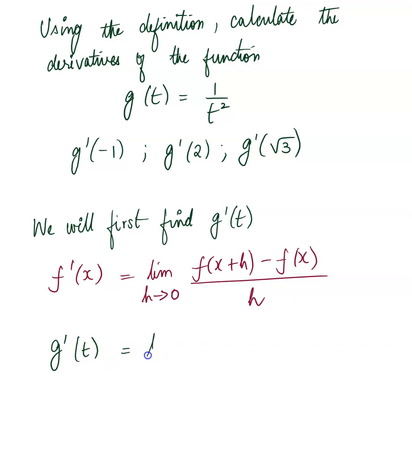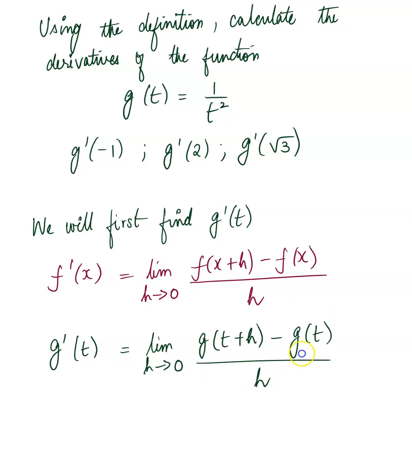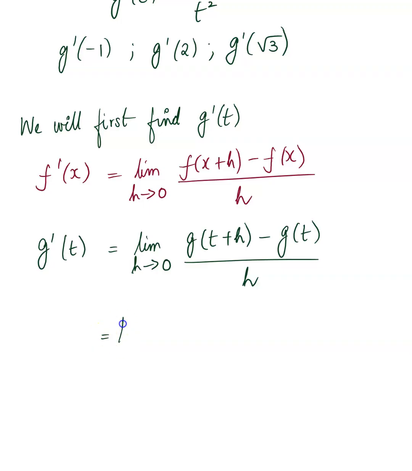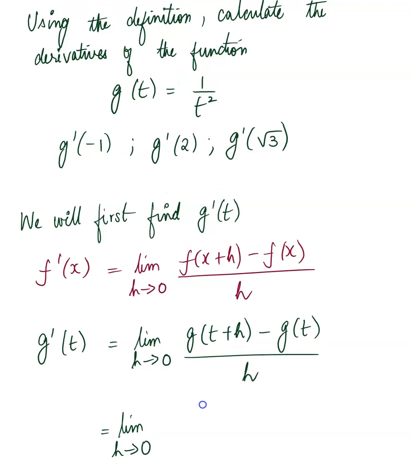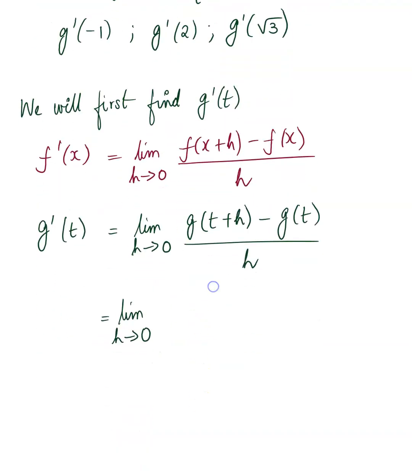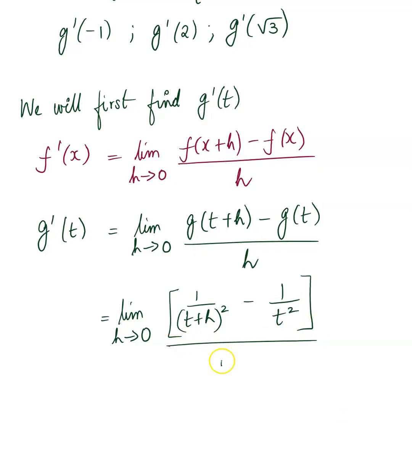So g prime of t is limit h approaches 0, g of t plus h minus g of t all over h. So g of t plus h is 1 over t plus h, the whole squared, minus 1 over t squared. That's all in the numerator, divided by h.